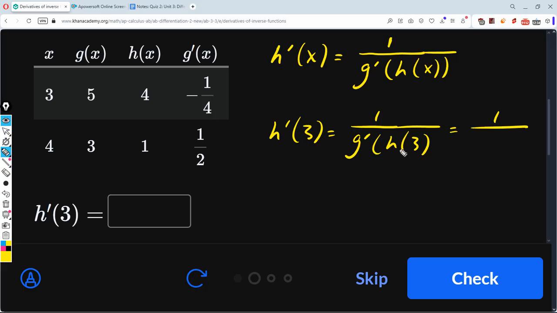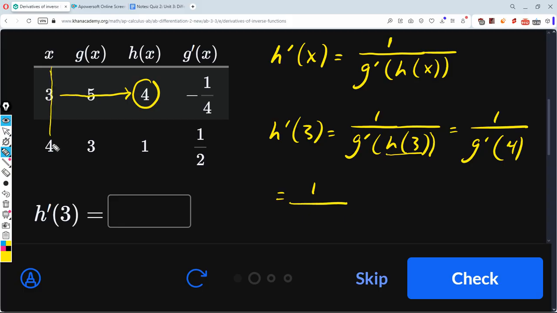And evaluate this function at h of 3. Here's x equals 3, and if we find h of 3, that's going to be 4. So we're looking for g prime of 4. That's going to be 1 over g prime of 4.